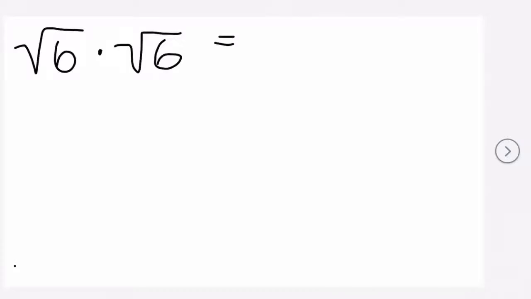But we know that we can multiply both of these numbers before we find the square root. So instead of finding the square root of 6 and the square root of 6 and then multiplying, I can multiply 6 times 6, which gives me the square root of 36. The square root of 36 is a perfect square root.